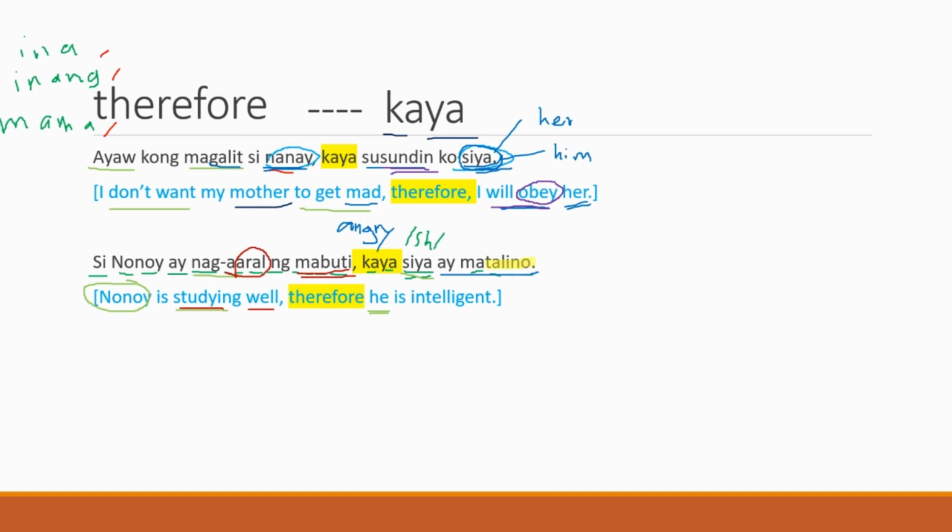That's talino, and it already means intelligent. So this is how we use the word kaya. Kaya, or therefore. So don't forget about it. Kaya, therefore.